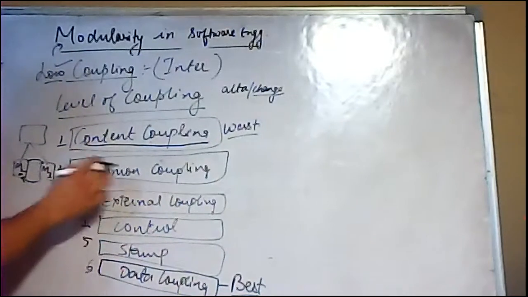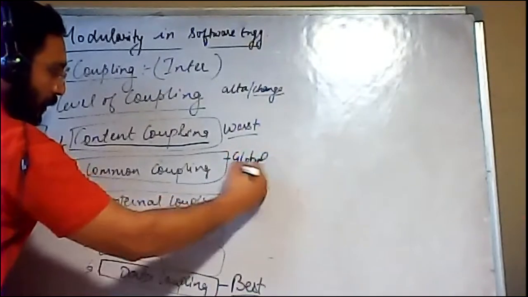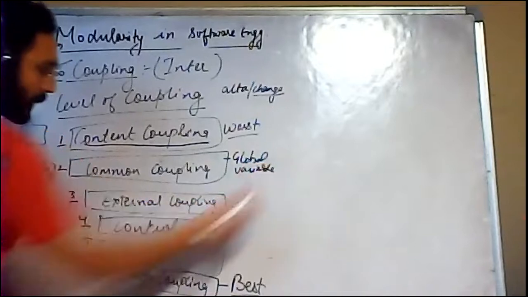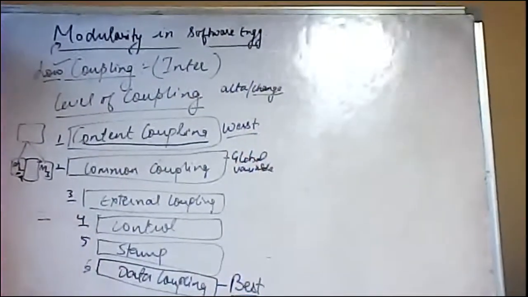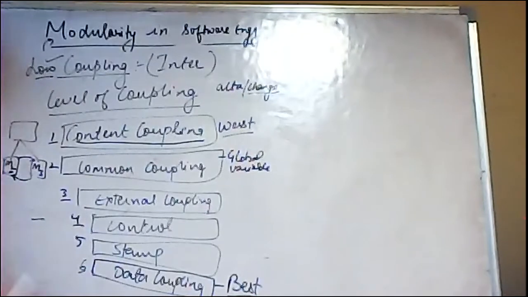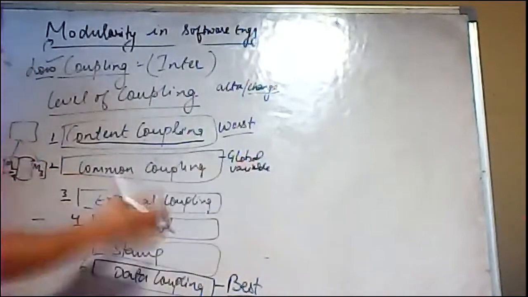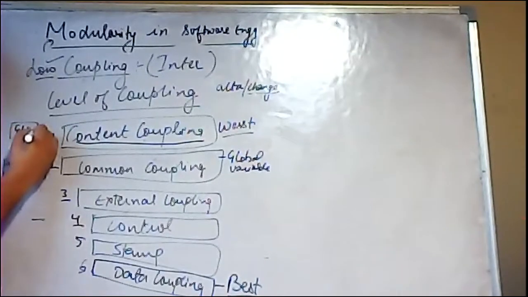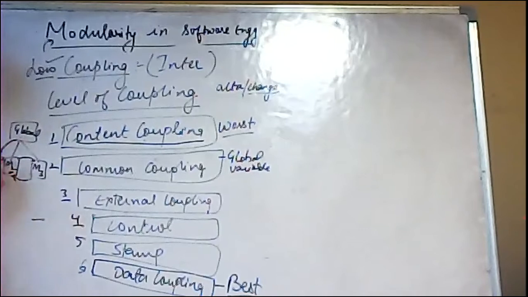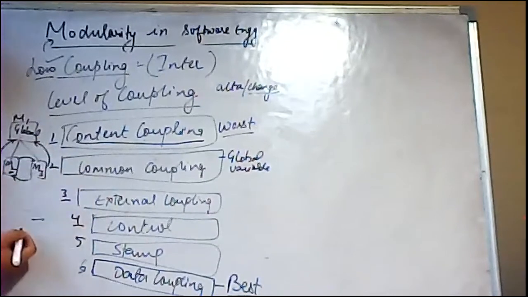After that, common coupling. Common means we are using a global variable while coding. While we are using a global variable in our coding, it will also affect your code. Module 2 is dependent upon module 1 and module 3 is dependent upon module 1.